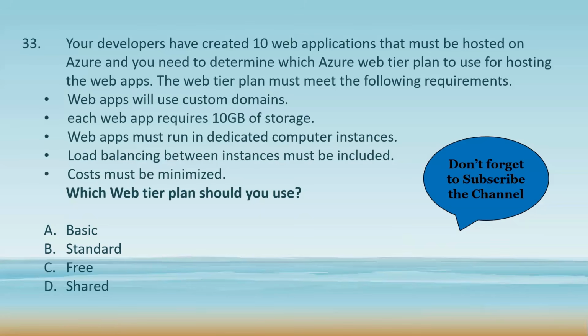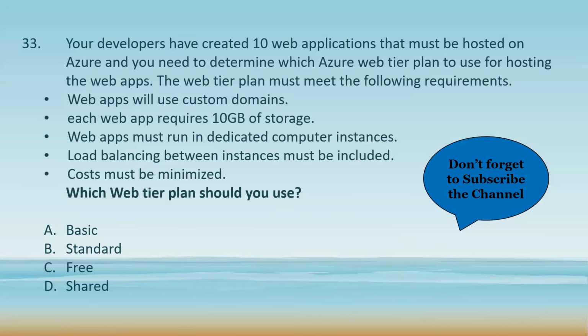Now, the key to answering this question is to rule out answer options one by one based on the web tier plan requirements. Looking at the first requirement to use custom domains, option C is ruled out as the free tier doesn't support custom domains. Now, each web app requires at least 10 GB of space.